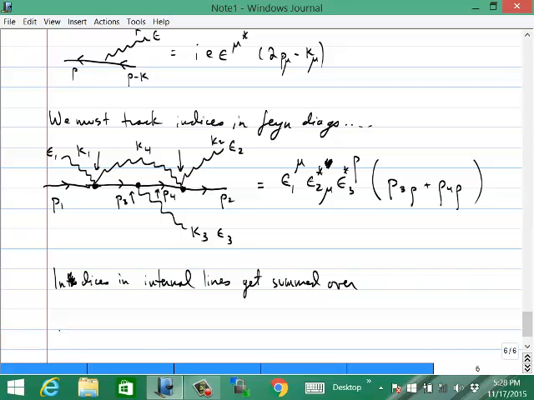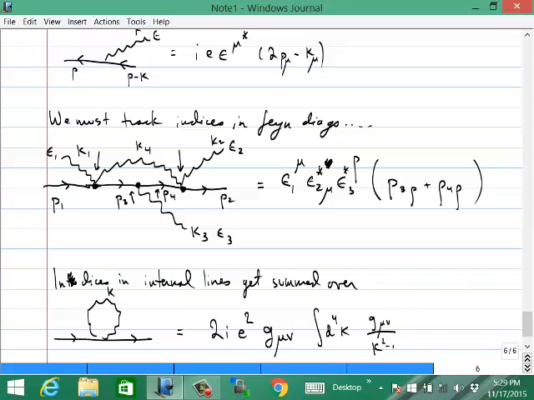So for example, if you were to write down a diagram like this, what would you get? Well, you would have a 2i e squared. You would get a g mu nu from the interaction vertex. But if k is the momentum of your photon, you would have an integral d4k of g mu nu over k squared minus i epsilon.